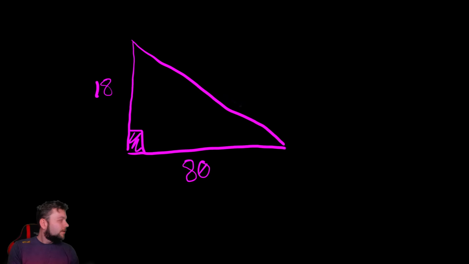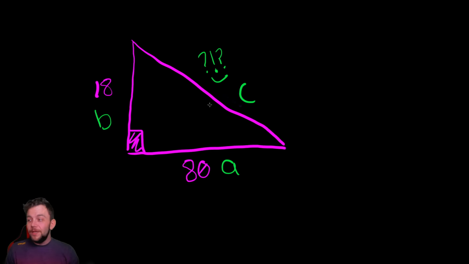Okay. So we have our A, our B, and our C is unknown. Making a face for our unknown. Okay. Same process. Always that same process.